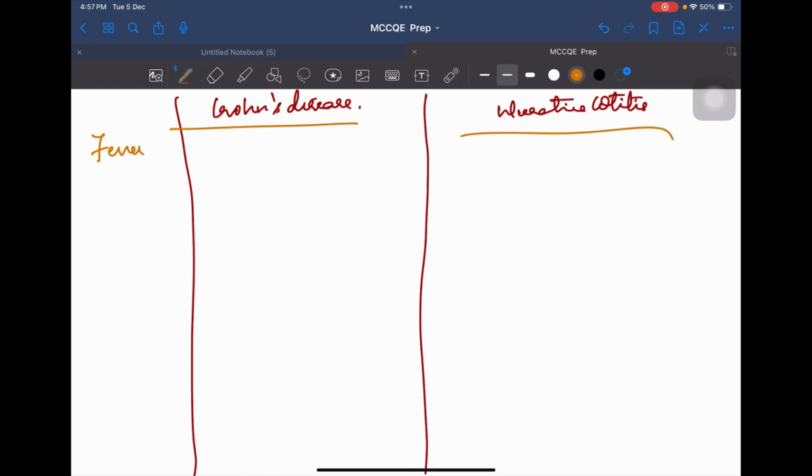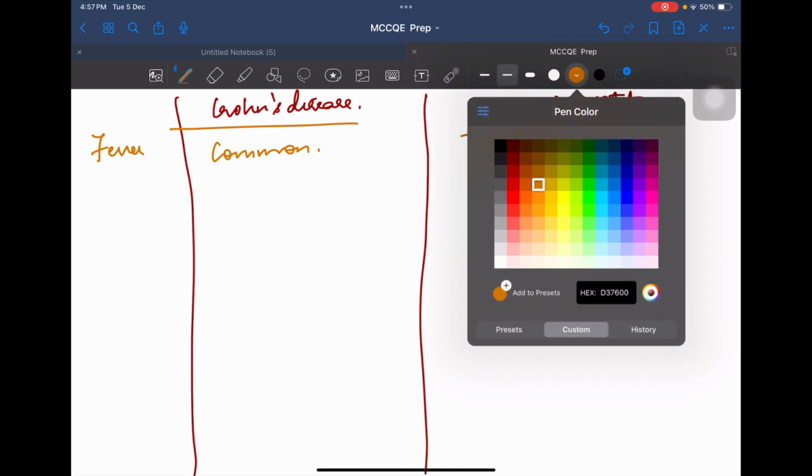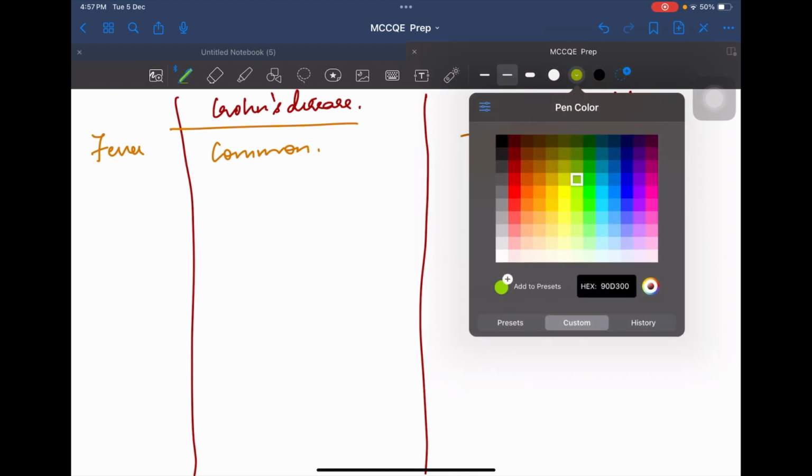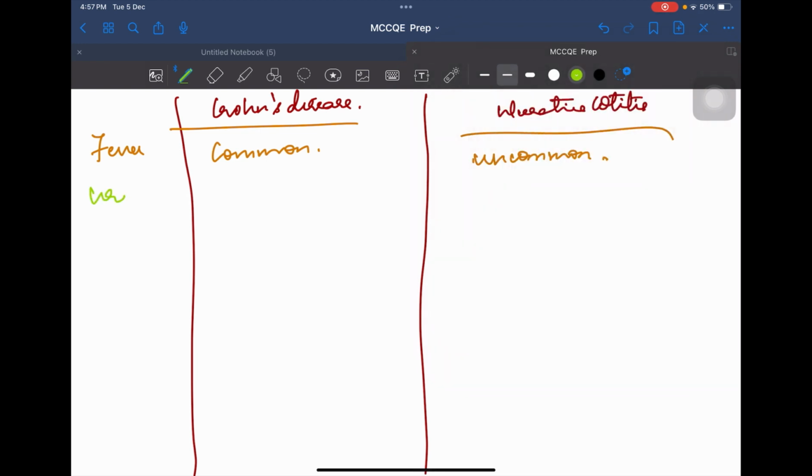It will be very common in Crohn's disease. It is not so uncommon in ulcerative colitis. What about urgency? Urgency is uncommon.